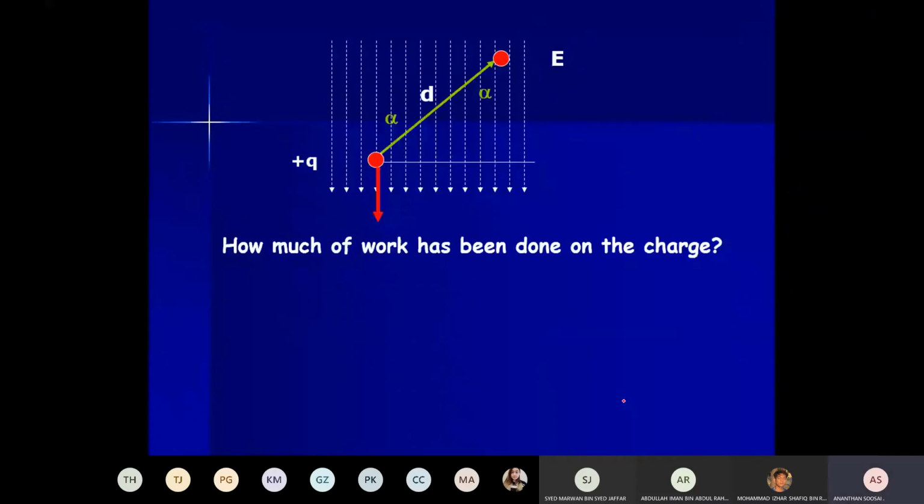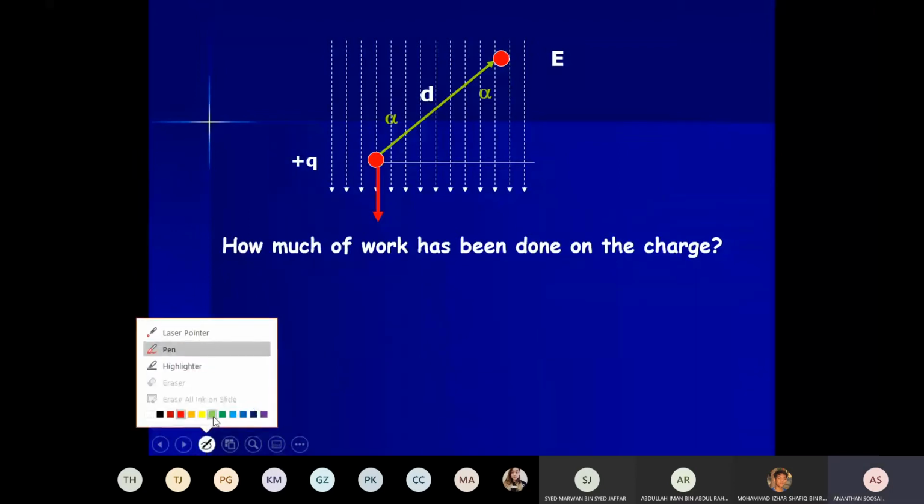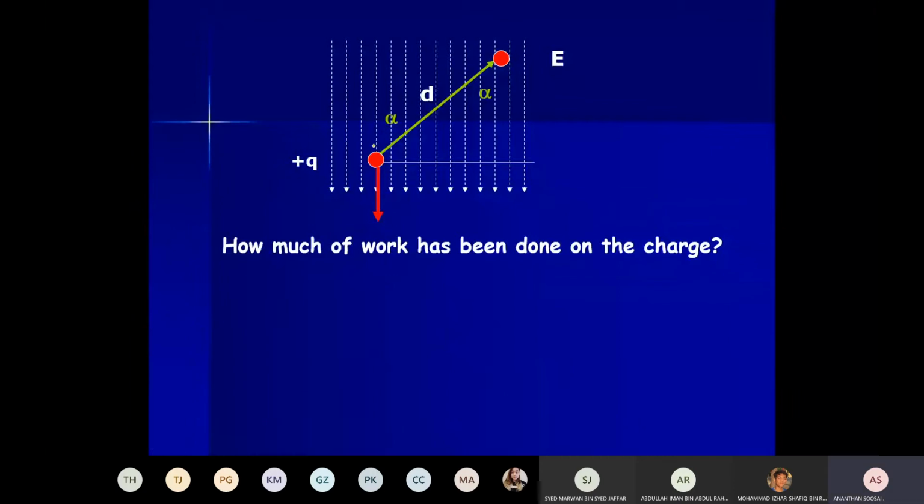Okay, now your turn. Look at the diagram above. How much work has been done on the charge to move the charge from the first location to the second location?